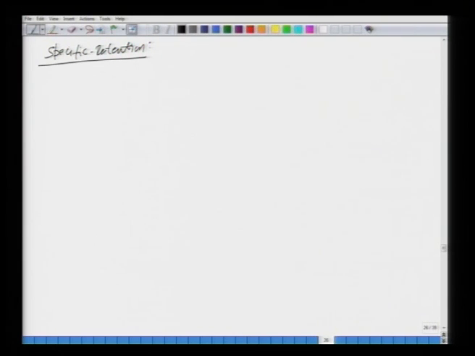This specific retention is denoted as S subscript R. Let me give you the definition and then the expression.